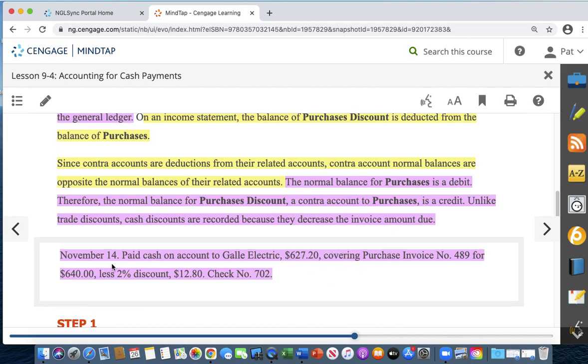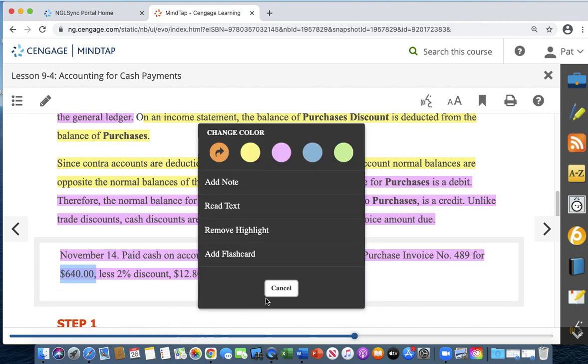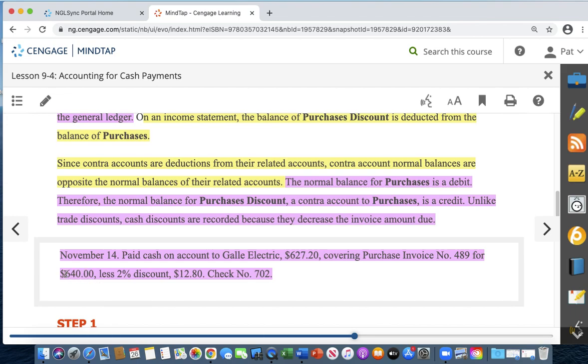They might say, paid cash and took advantage of the 2% discount on purchase invoice for $640, period. So if they give you this number and they tell you took advantage of the discount, you take the total times 2% to find the discount. You subtract the 2% to get the total that you're paying.